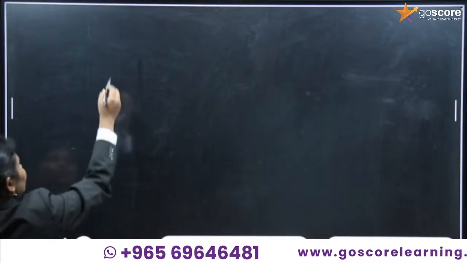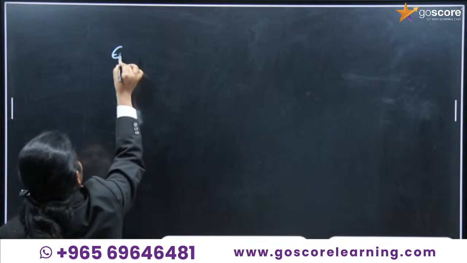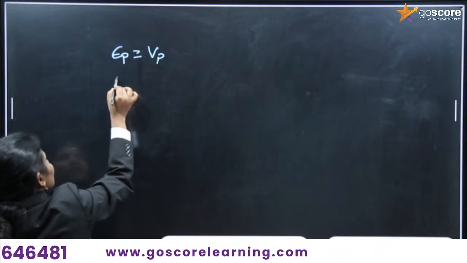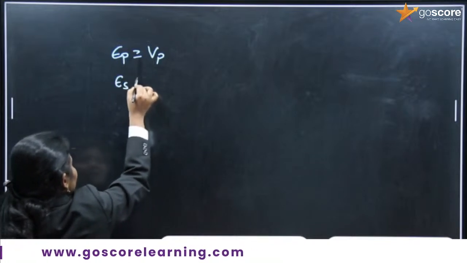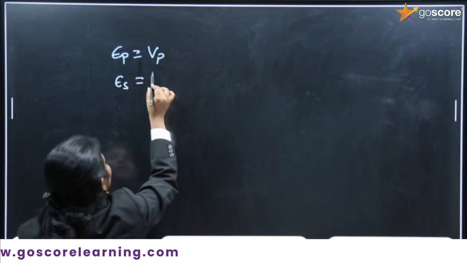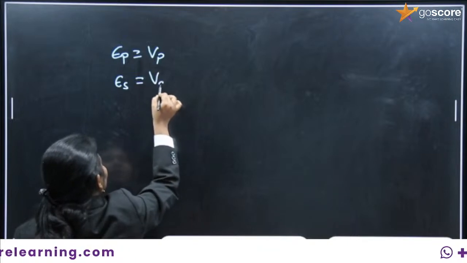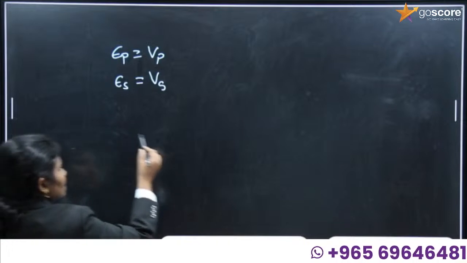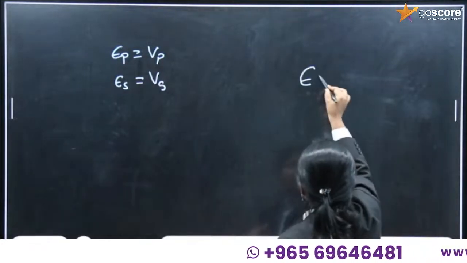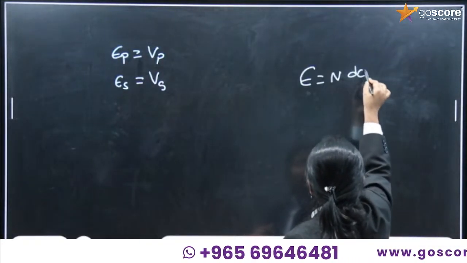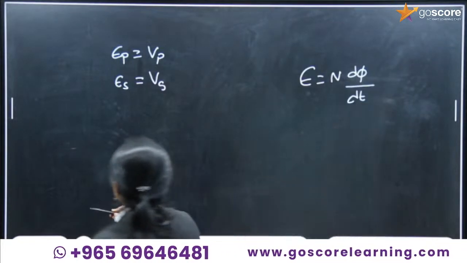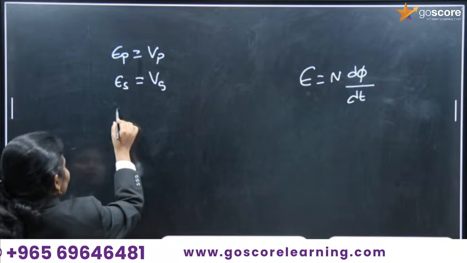Here I am considering EP as VP, ES as VS. We know that E is equal to N d phi by dt, considering only magnitude. Then what is the equation?